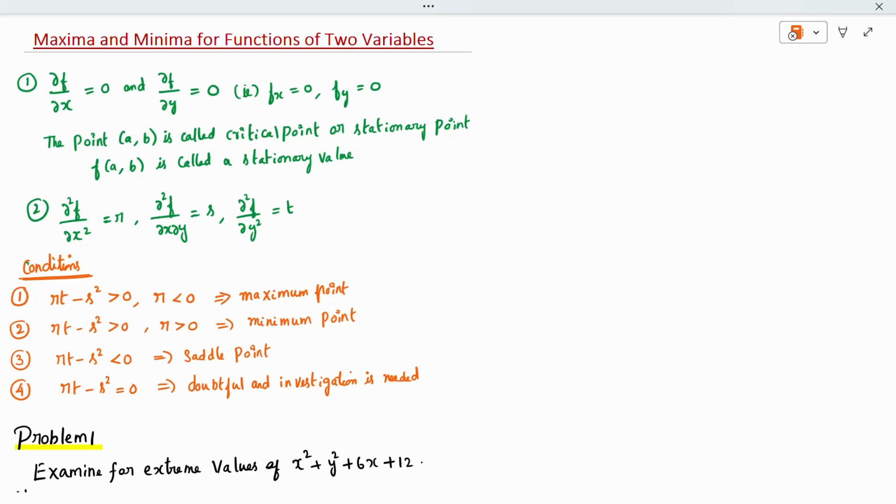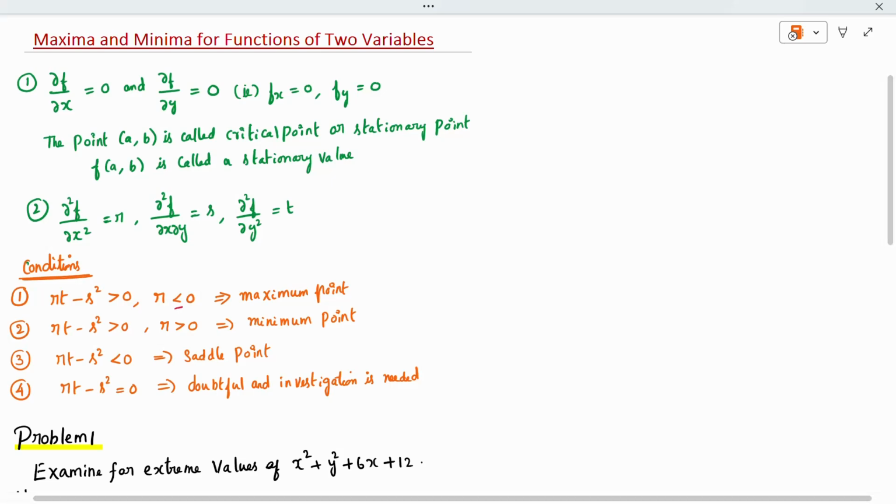The first condition is rt minus s square. The second order derivative with respect to x and the second order derivative with respect to y, when I multiply them, rt minus s square, when it is greater than 0, and r, the second order derivative with respect to x, is less than 0, it is a maximum point.